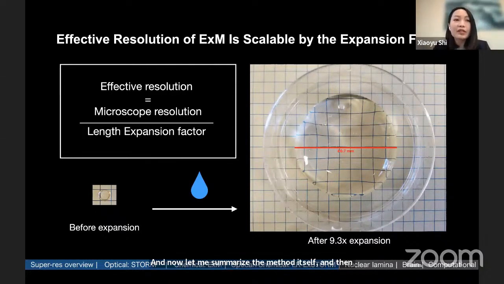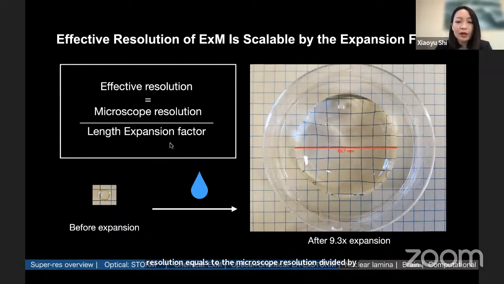So how do we calculate the effective resolution of expansion microscopy? First off, the equation is: the effective resolution equals the microscope resolution divided by the length expansion factor.